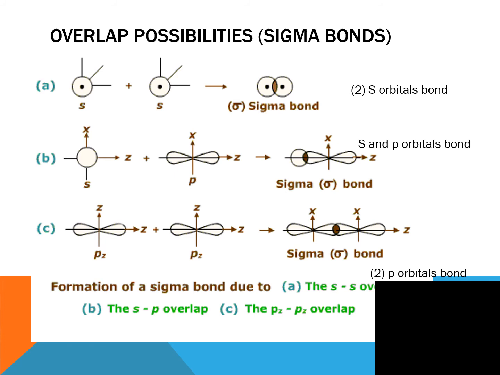When you start with the p orbitals, you can have the s from hydrogen and the p from carbon that can overlap. And then if you have p orbitals that are overlapping, that's a stronger one. They will form a sigma bond too. So I always think of sigma equals single. If a single bond forms, there's a sigma bond.